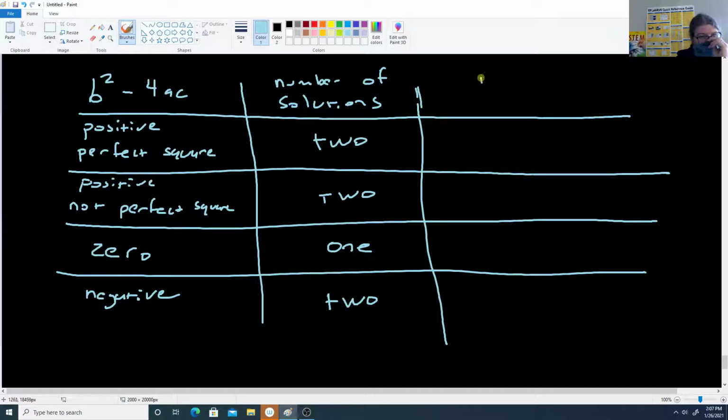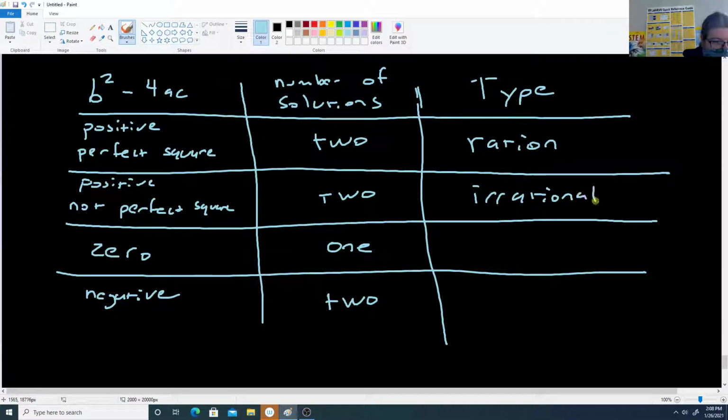Then the type of solutions we get would be rational if it's a perfect square. It's irrational if it's not a perfect square. It's rational if it's 0, and it's non-real complex if it's imaginary.